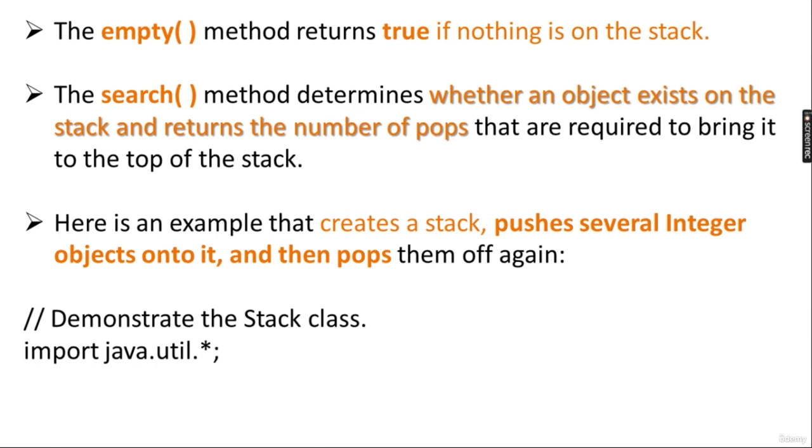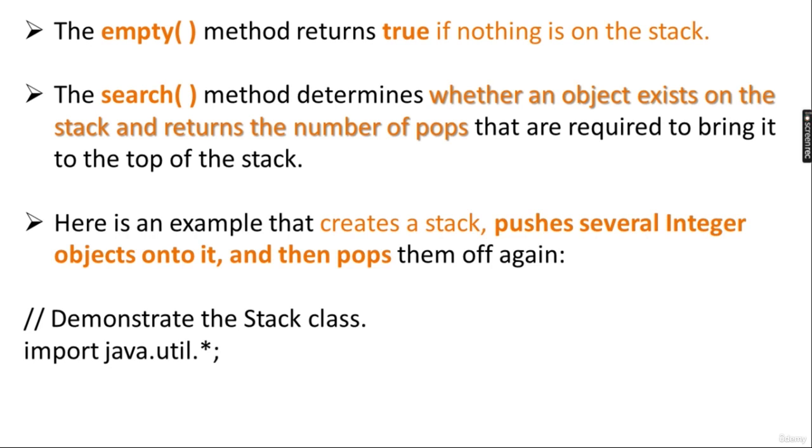The search method determines whether an object exists on the stack and returns the number of pops that are required to bring it to the top of the stack. Okay. So what is the task of the search method? It tells you whether an object exists first of all, and second, how many pops are required so that your element will be on the top of the stack.